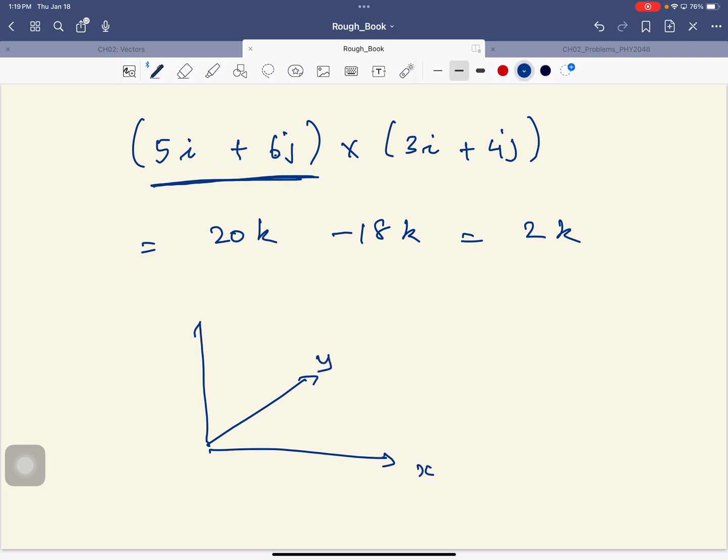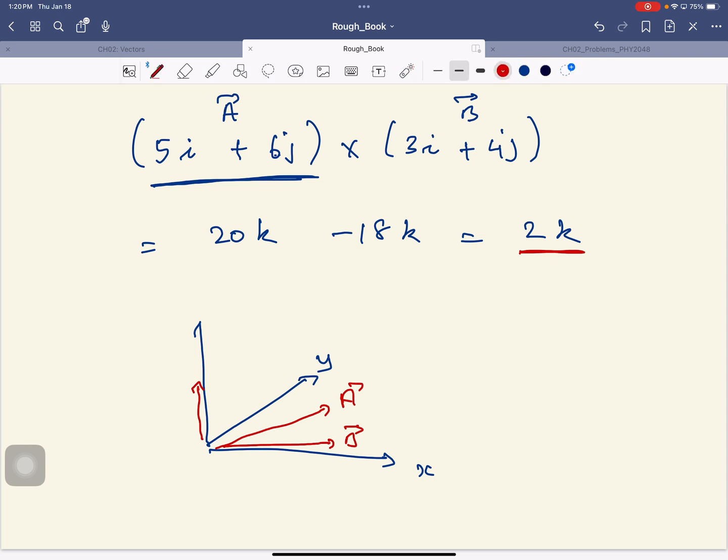So let's call this A. A is something like that, and this is B. Where is the cross product? It's pointing along there. So the cross product is perpendicular to the plane that contains A and B, and that's a general rule. The cross product is always perpendicular to those two vectors.